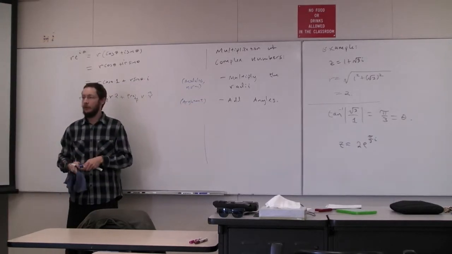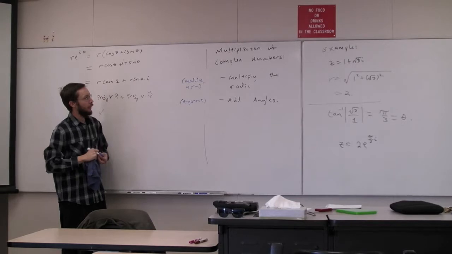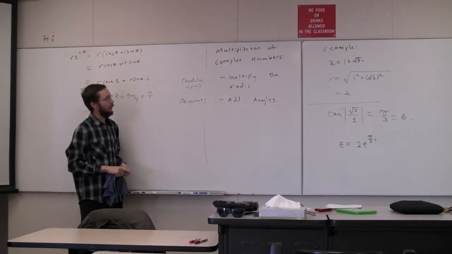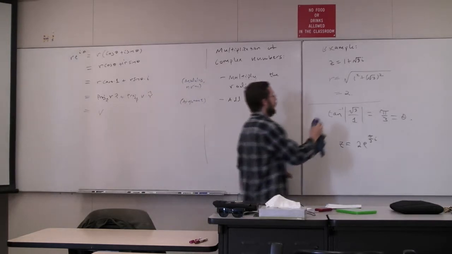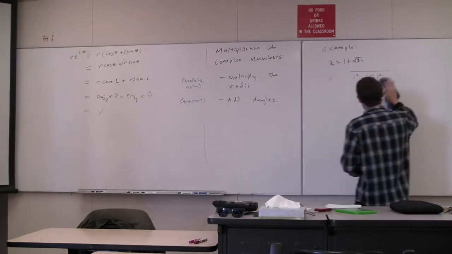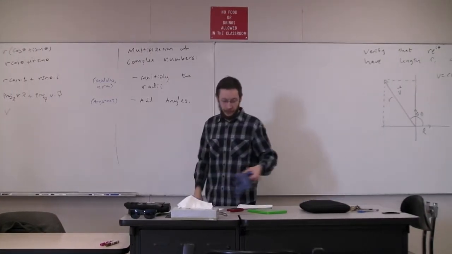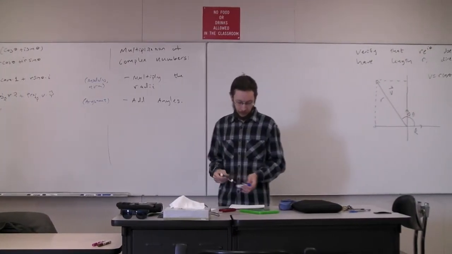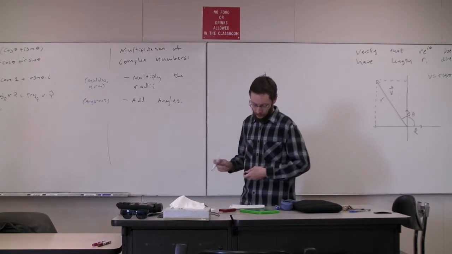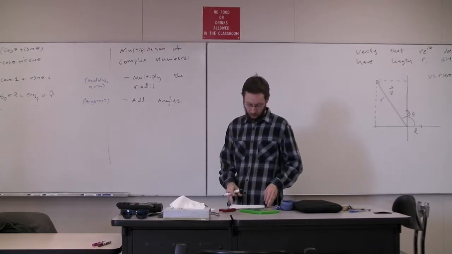And so I'll sometimes use those terms interchangeably. Angle, argument, same thing. So multiplication consists of multiply the radii and add the arguments, the angles.